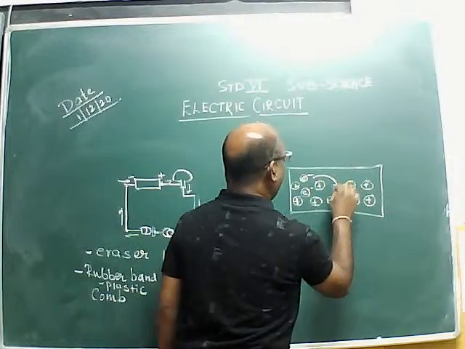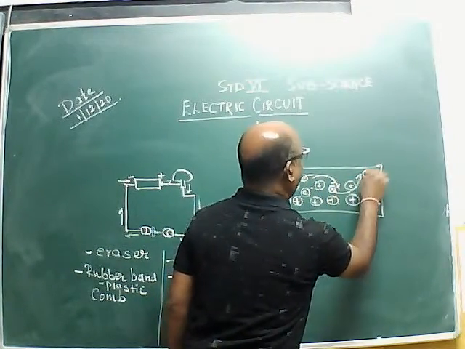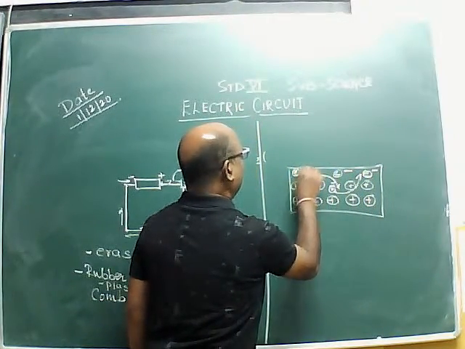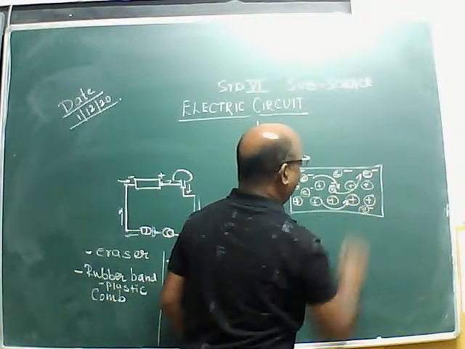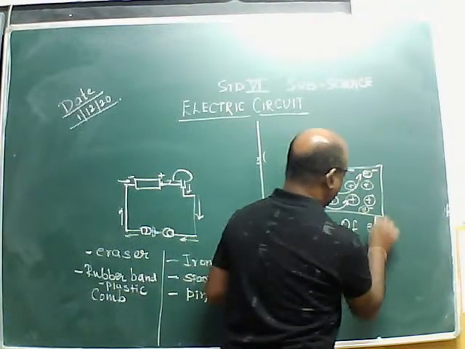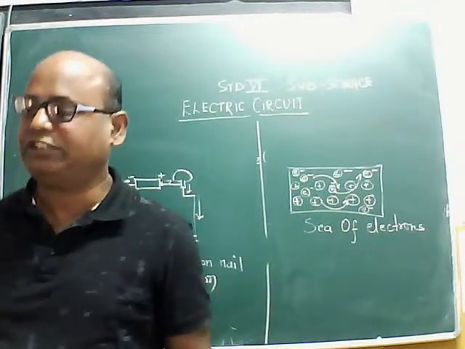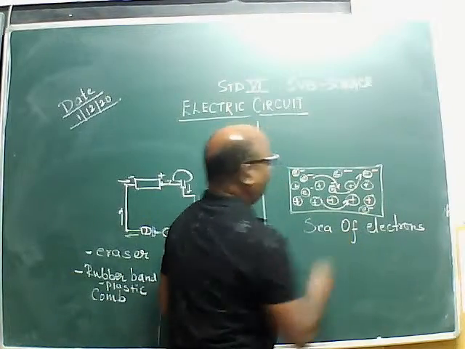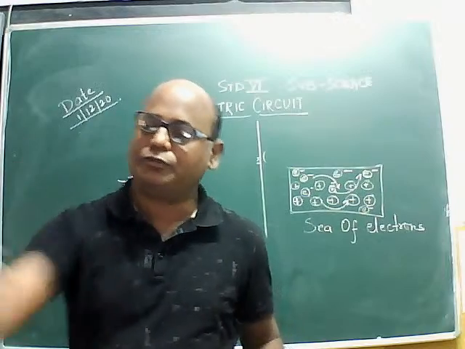These electrons are free to move anywhere, from one end of the metal to the other end of the metal. That is why these metals are good conductors of electricity. For example, one or two electrons are there in the outermost shell, and they are free to move from one place to another.